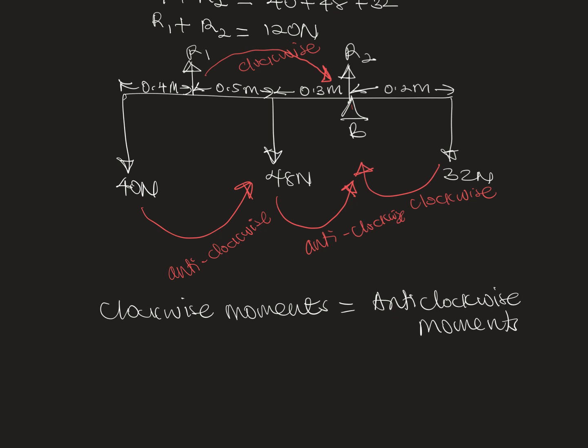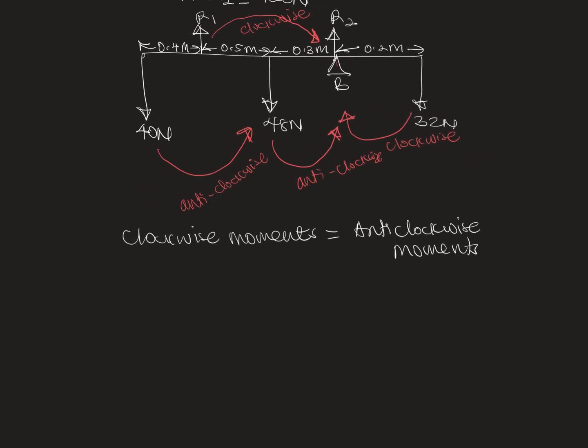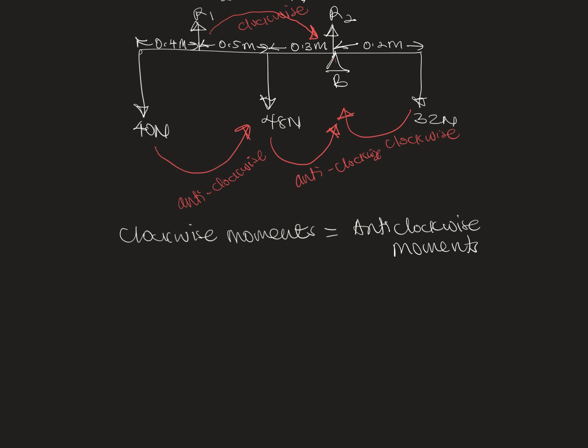We are taking moments from pivot B. So what are the clockwise moments? Moment is the product of force and perpendicular distance. So for the 32 newton, it is clockwise, so it will be 32 multiplied by the perpendicular distance from the pivot under consideration.